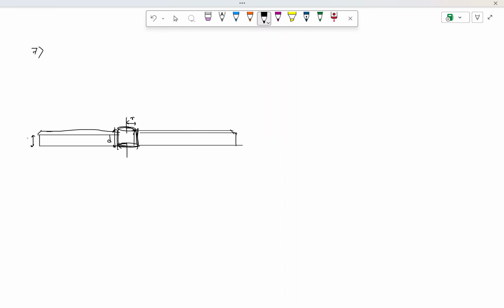So this depth is also D, and the small thickness is t, and this length is L for all of them. There are such four appendages.